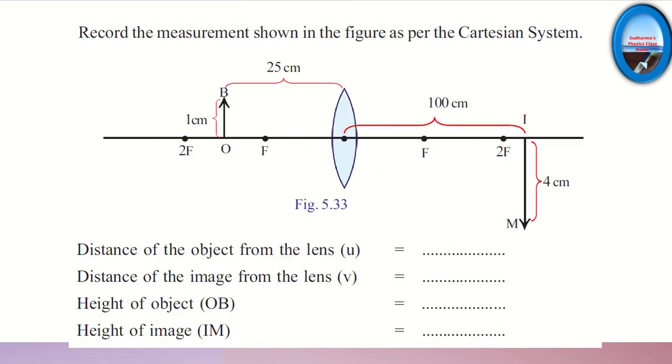Now let's apply this. There is a diagram given here, and we have to write the values according to the sign convention. All the measurements are given here. OB is the object, IM is the image.